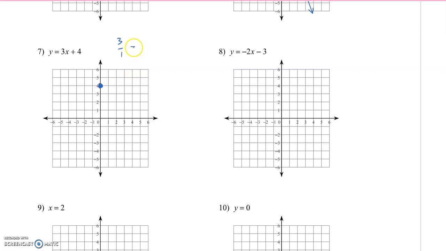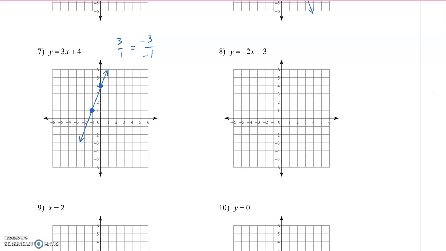So instead, I am going to use a slope of negative 3 over negative 1. So I'm going to go down 3, 1, 2, 3, and go left 1 right there, because that's the same thing. So 3 over 1, a slope of 3 is the exact same thing as negative 3 over negative 1. But the 3 over 1, I couldn't fit that on my graph using positive, so you just go the opposite way. Just make sure you go the opposite way for both numbers.